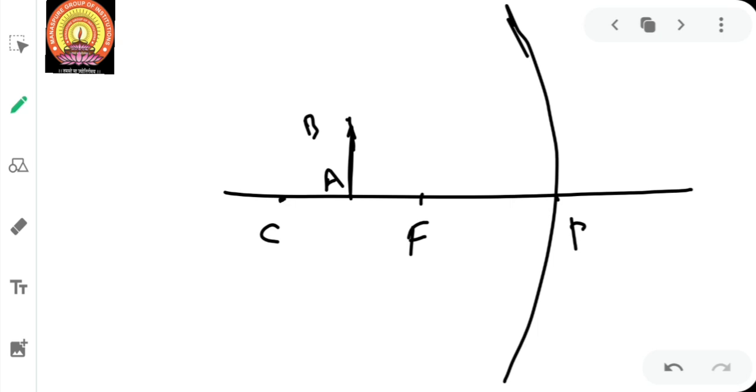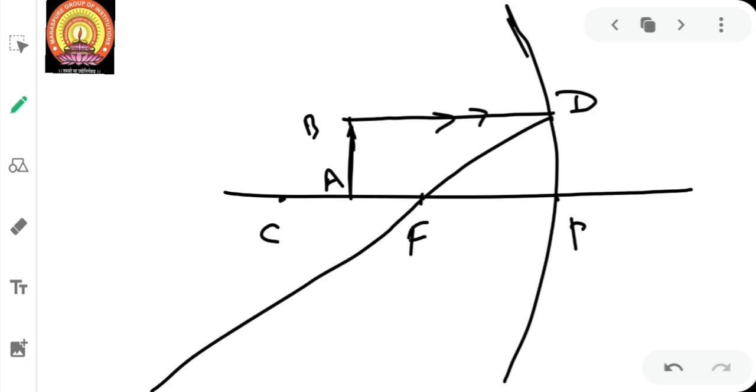So according to the first rule, this incident ray BD is parallel to the principal axis, therefore it passes through the focus. Okay, we got it. Now the second rule is very important.